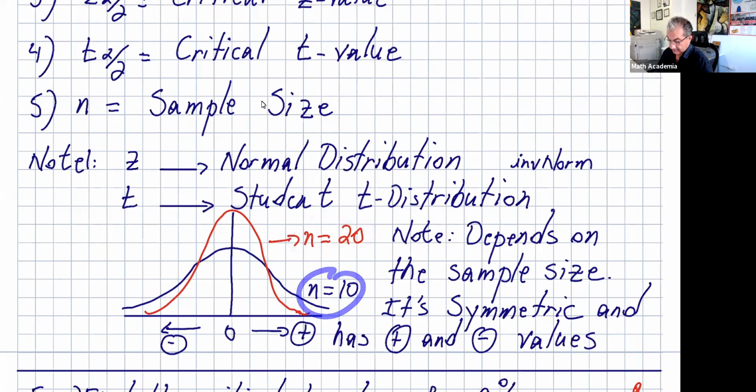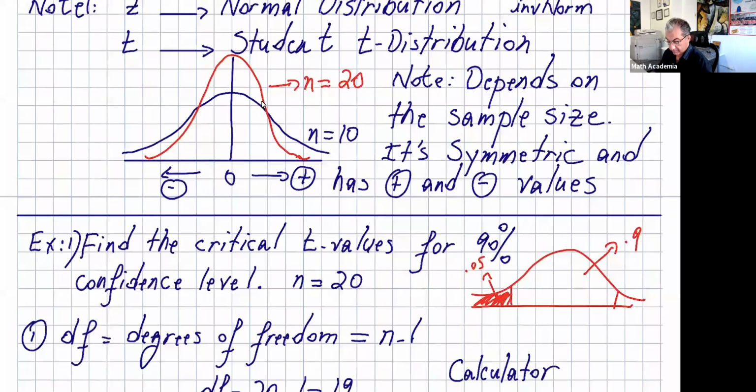If n is small, then it's wider. If n is larger, then it's steeper. And if n is greater than 30, then it approaches the normal distribution. So just know, same as the standard normal distribution, right in the middle we have 0, we have positive values to the right and negative values to the left. And I put the note here for you: depends on the sample size, it's symmetric and it has positive and negative values.